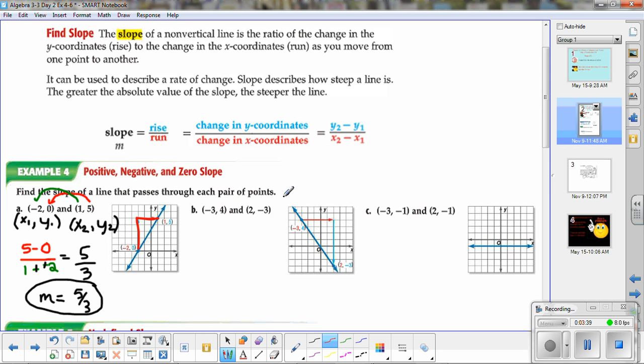In our next example, (-3, 4) and (2, -3), we're going to do y2 minus y1. So -3 minus 4 over 2 minus -3.